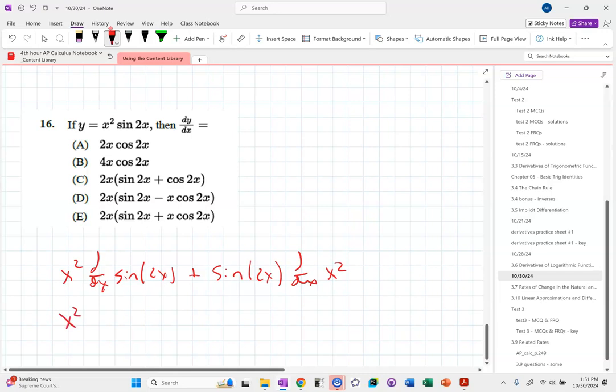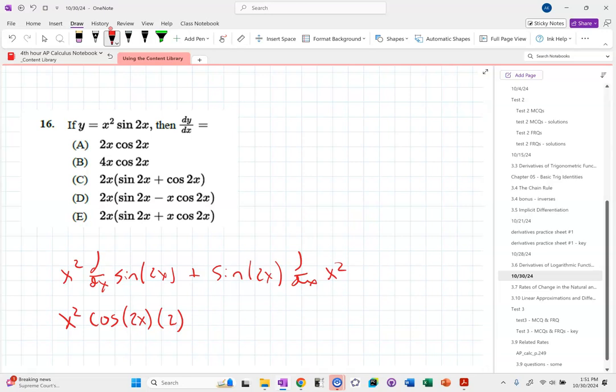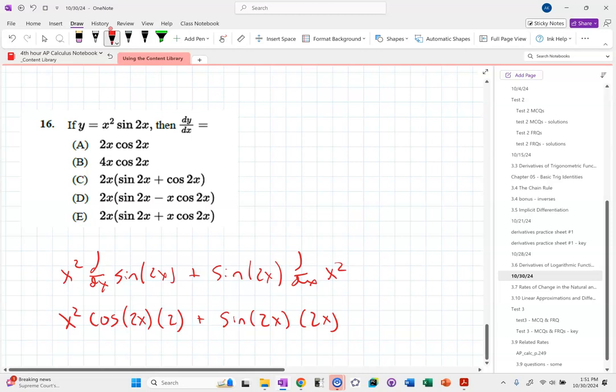The derivative of sine of 2x is a chain rule. The derivative of sine is cosine, so we have cosine 2x, and then the derivative of 2x is just 2. And the derivative of x squared is 2x.